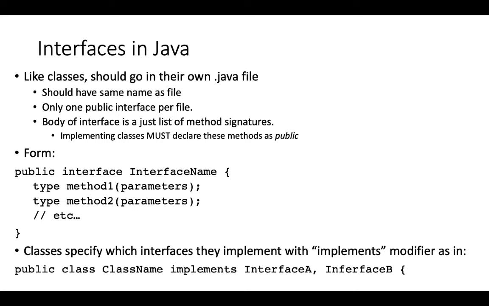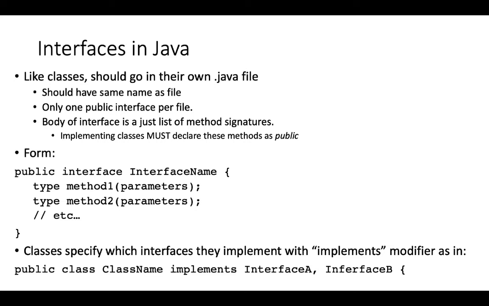All it has is a list of method declarations that are the expected public methods of anything that is claiming to implement this interface. Right? You don't even have to use the access modifier public, because any methods listed in an interface have to be public by definition.